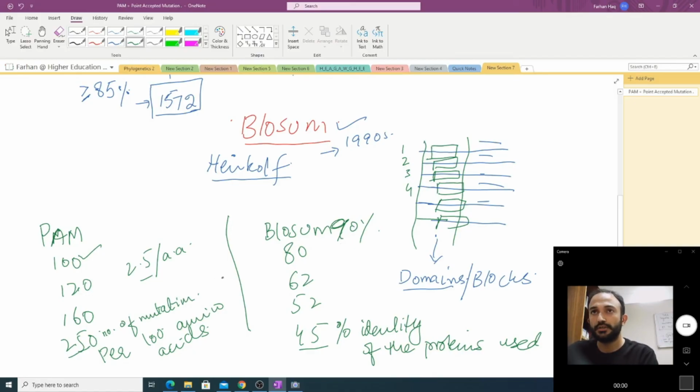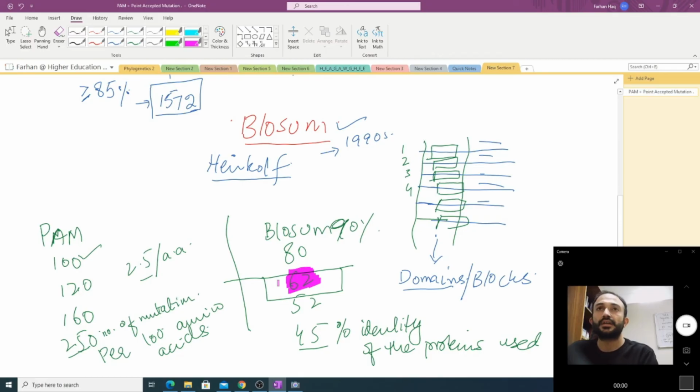However, the most widely used substitution matrix in alignments is BLOSUM 62, and the BLAST tool most famously uses this BLOSUM 62 matrix to build the alignment.